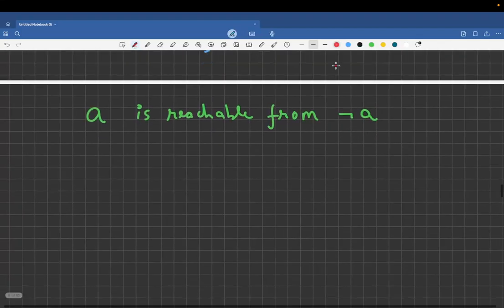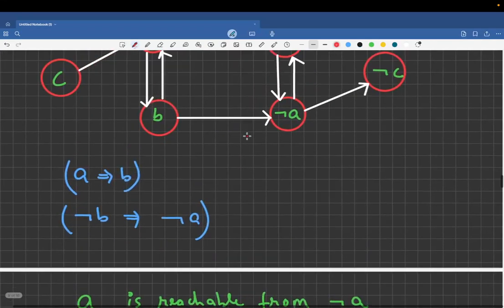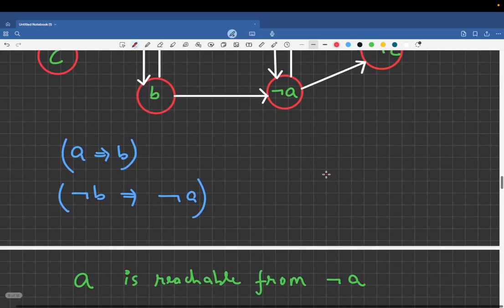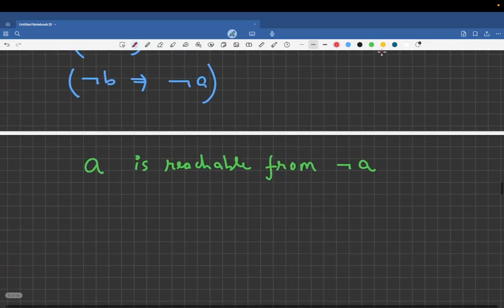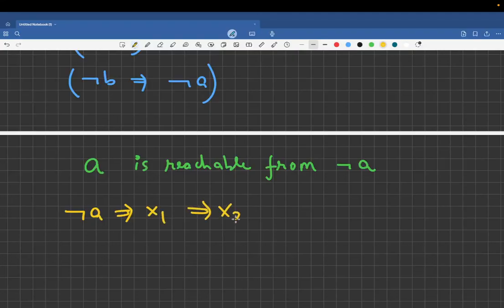A is reachable from not A basically means that if you start from not A, then from some set of edges, you will be able to visit A. This means that not A was implying some variable x1, x1 was implying x2, and x2 was implying A. Something like this, right?